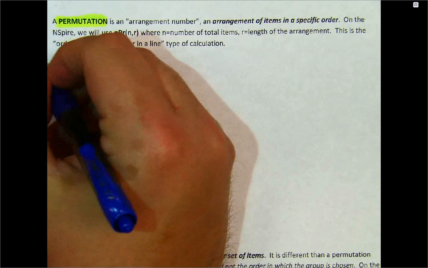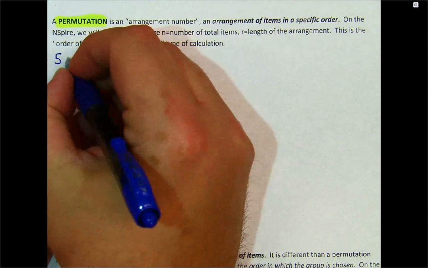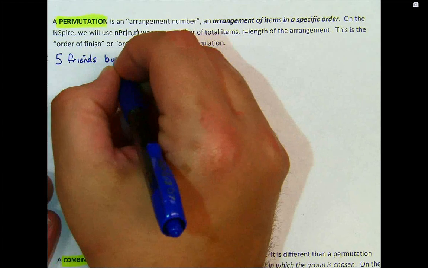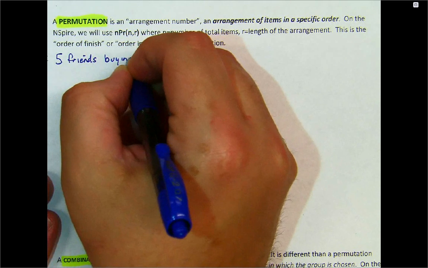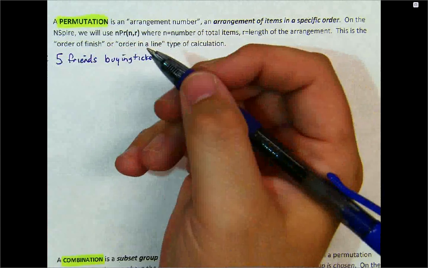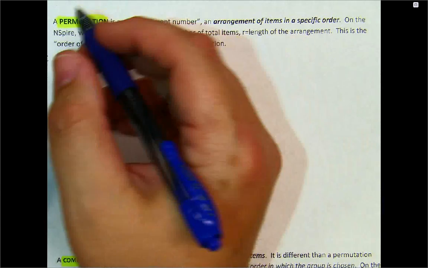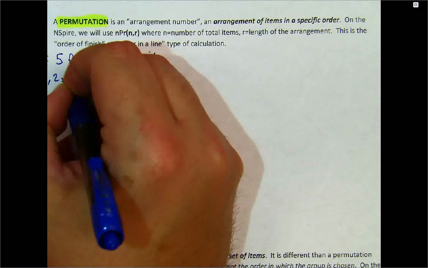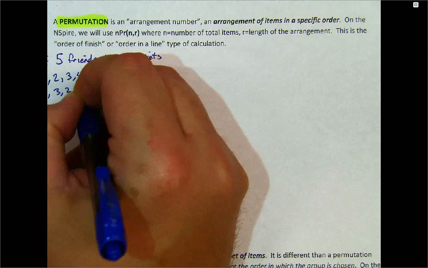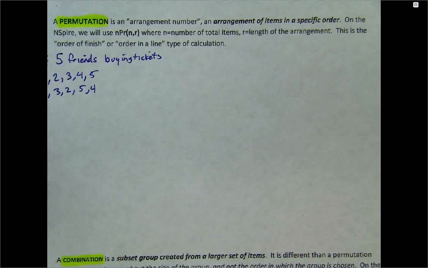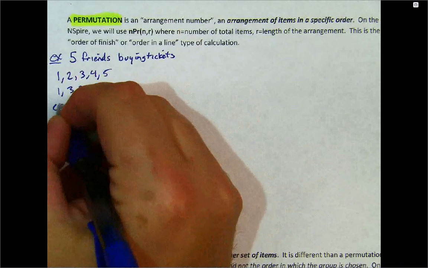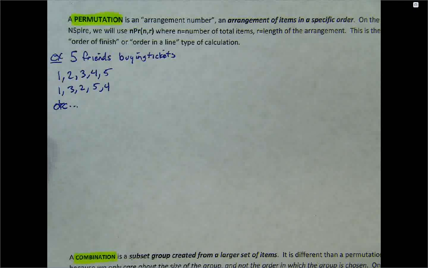So for example, if you have 5 friends buying movie tickets, if you number your friends 1, 2, 3, 4, 5, it could go 1, 2, 3, 4, 5. It could go 1, 3, 2, 5, 4. That's an order that it can go in, etc. There are a lot of different ways you can do this.